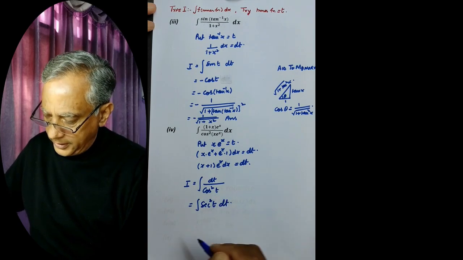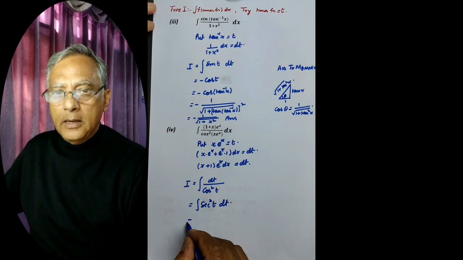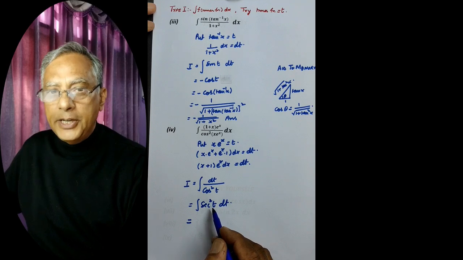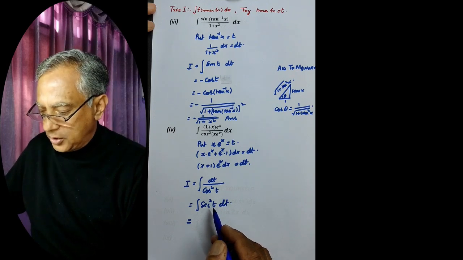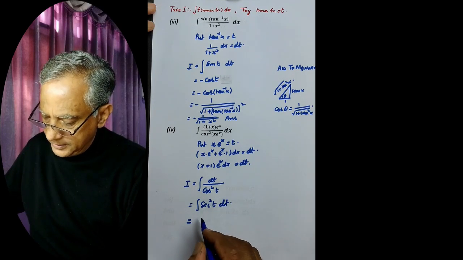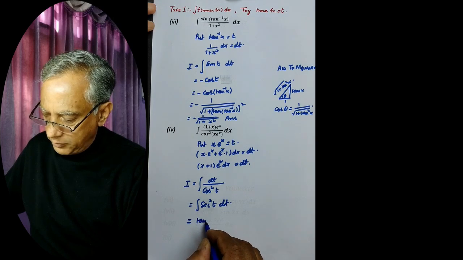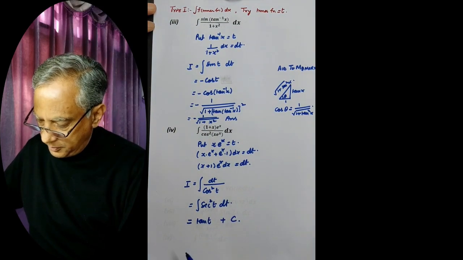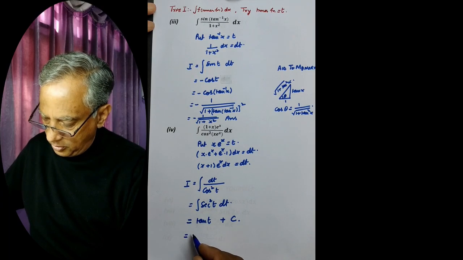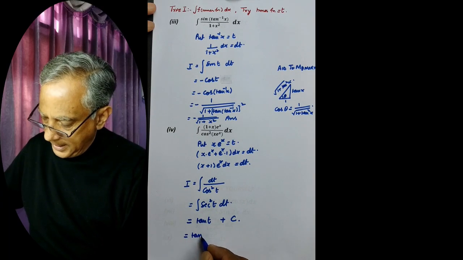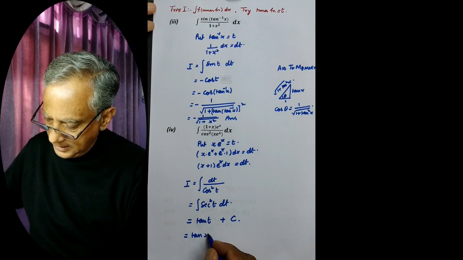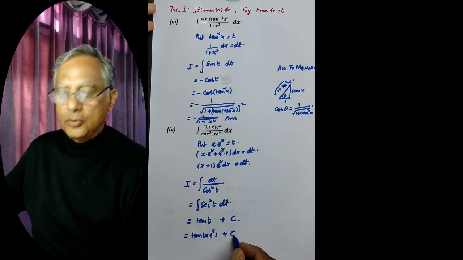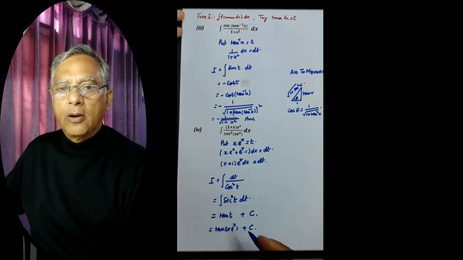Now integration of secant square t. Now secant square t is differentiation of tangent t. So integration of secant square t is tangent t plus constant of integration. So this must be equal to tan of t. t is x e^x. This plus c. So this question is solved.